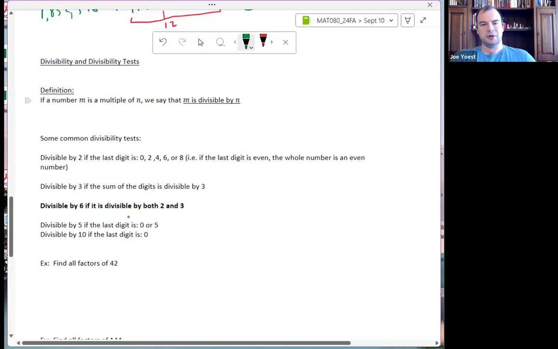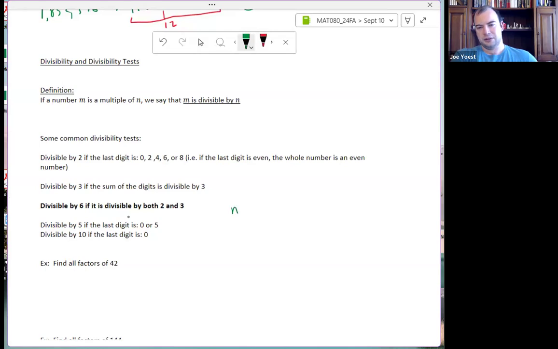Well, remember, m is divisible by n means m is a multiple of n. So n divisible by 6, or let me call it m so that I'm consistent with the notation above. m is divisible by 6 means m equals, let's say, 6 times k.